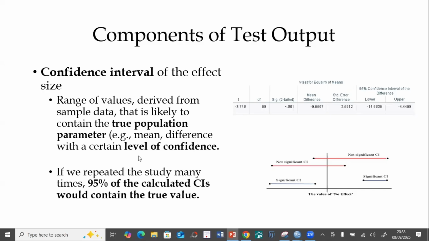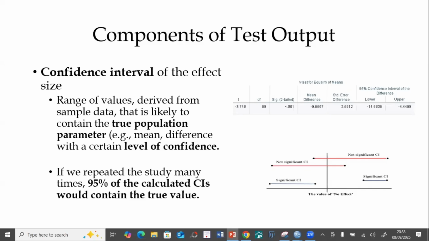Why is confidence interval important? It can be used as a surrogate marker of significance. Let's look at this graph over here. In our case, we got a mean difference of negative 9. The reason why there is a negative there is because we are looking at the new drug relative to placebo.